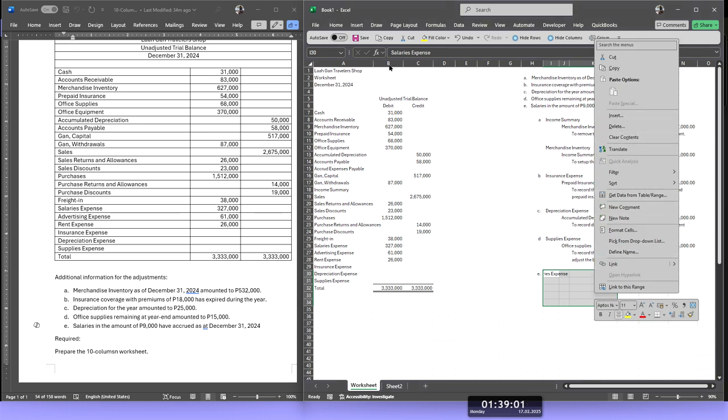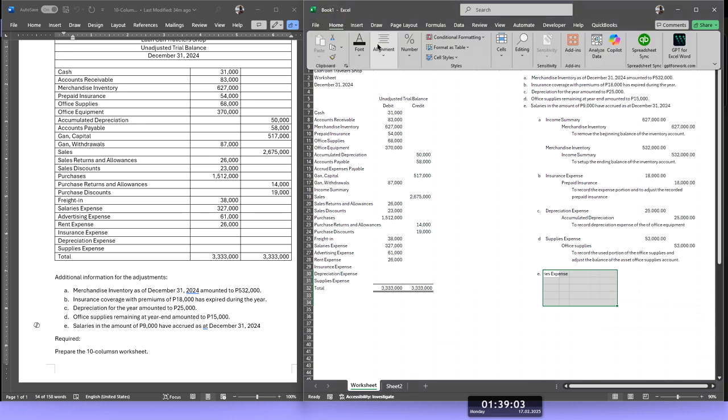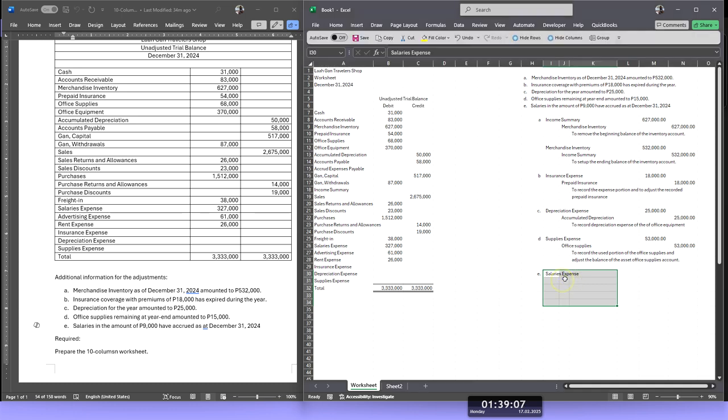Salaries expense, and then credit accrued. We can use here accounts payable, salaries payable, or accrued salaries payable. But I usually prefer accrued expenses payable.